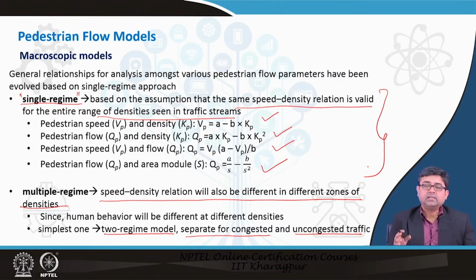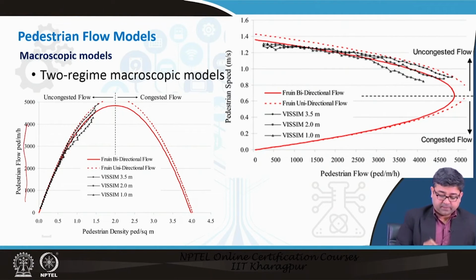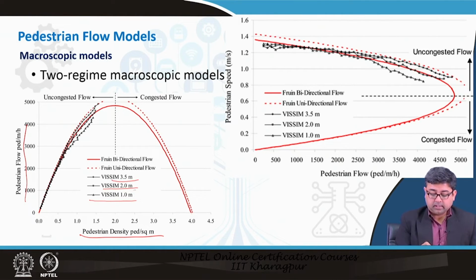Mostly single regime models are used in regular application of these models, whereas in theoretical studies and to improve models, people start looking at two regime models. So, this is an example again. When we are looking at pedestrian flow and pedestrian density, some of these newer tools, like VISIM 1.0, a simulation software, have been developed.